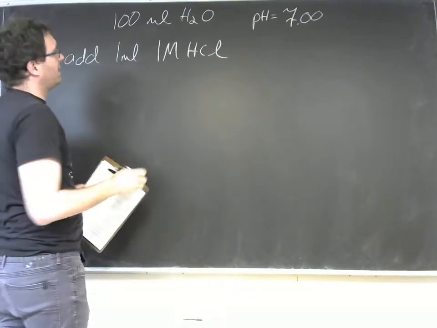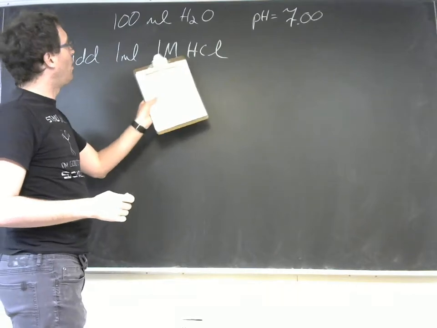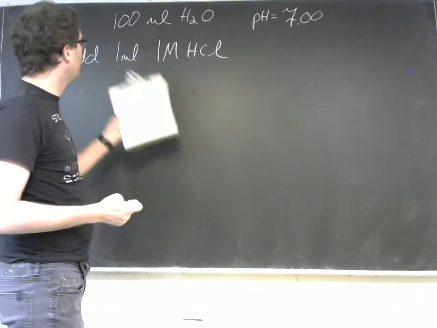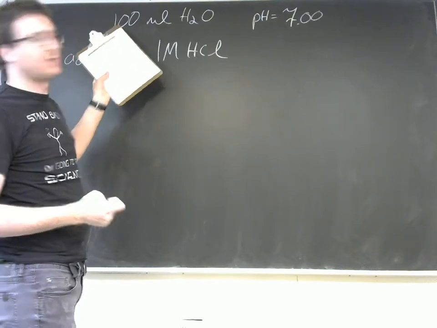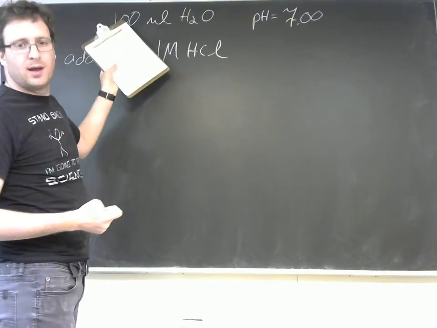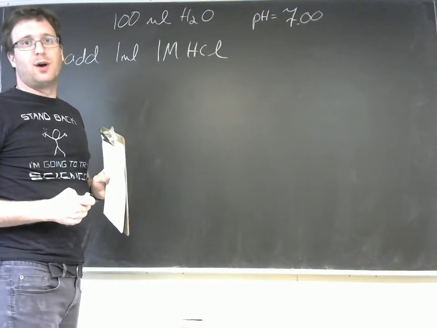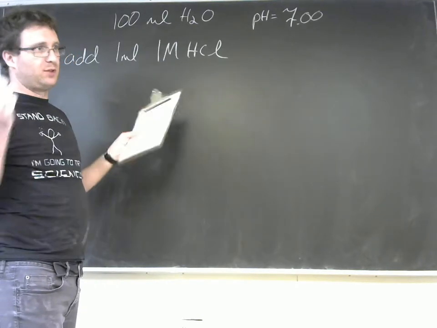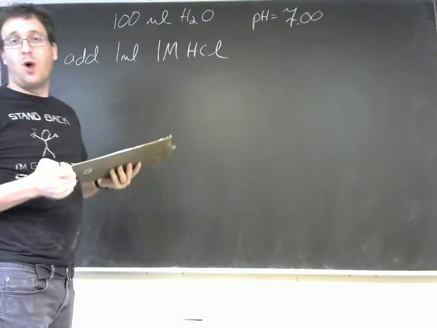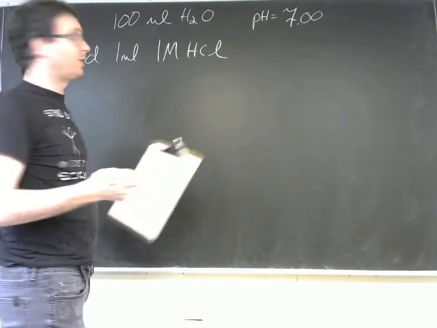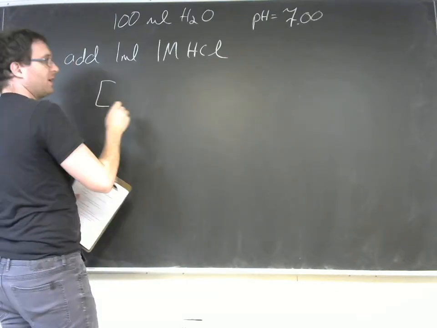Well, let's think about it. The 1 molar hydrochloric acid is essentially being diluted by about 100 times. So the 1 milliliter will be diluted to 101 milliliters when you put that drop into your water. And so that's close enough to be about a 100 times dilution that I'm just going to use that round number.